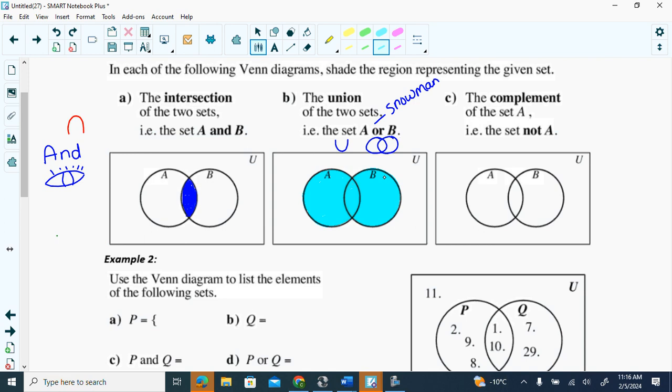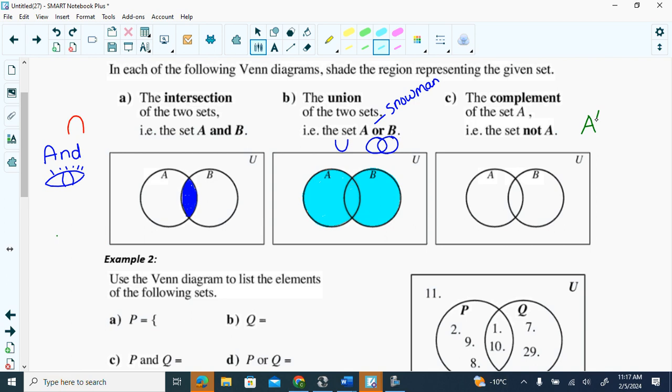Okay. Then the complement of set A. That's this symbol. What does that mean? Everything but A. So I circle A and I say not today. And I highlight everything but A. Right?